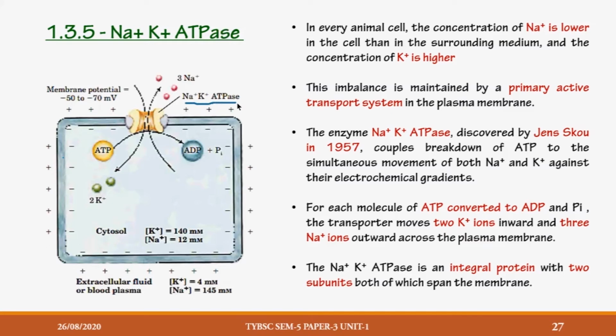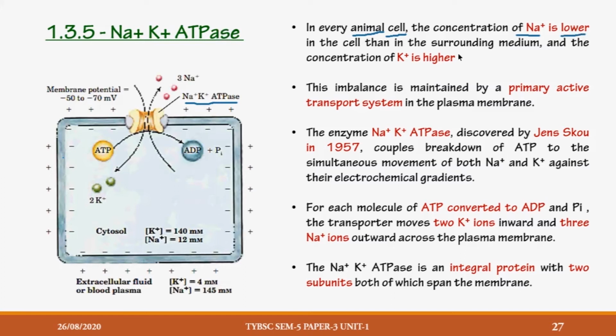Fine. Now if you consider animal cells, so we are speaking about any animal cells, what a cell does is, cell always keeps the concentration of Na+ lower as compared to the surrounding medium. So the cell wants that the concentration of Na+ is always low inside the cell and it should be high outside, but the concentration of K+ should be high inside the cell.